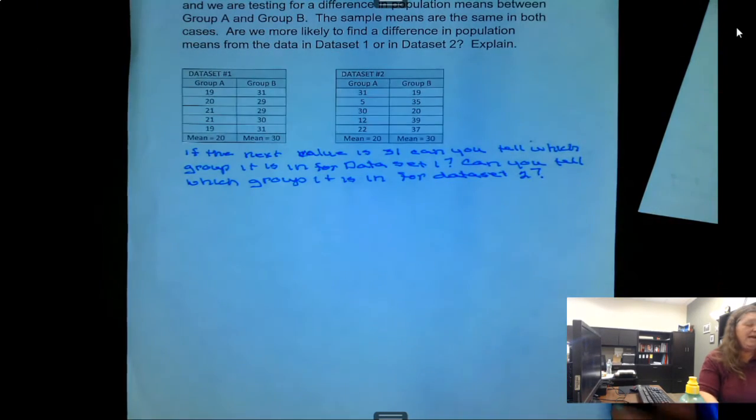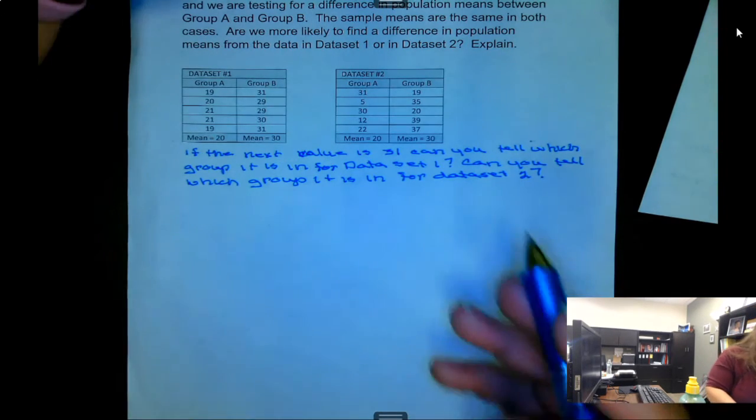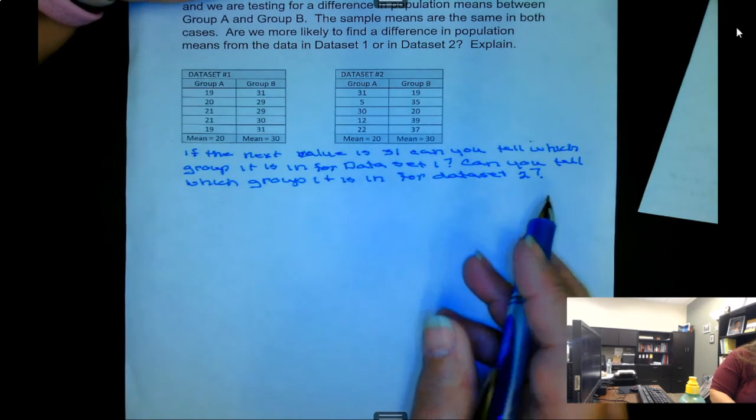This is what we should ask ourselves if we're trying to see in which group we will more likely find a difference in population.